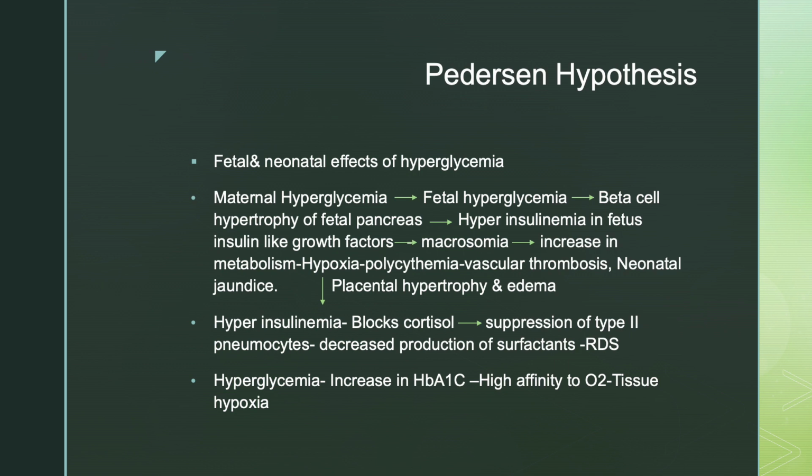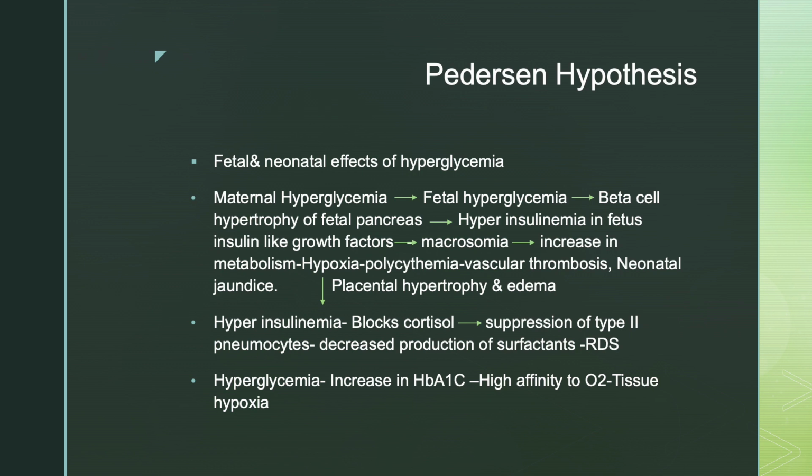If the placenta fails to supply oxygen in keeping with the increase in metabolism, the baby may suffer from hypoxia. The fetus tries to compensate by increasing the production of RBCs, resulting in polycythemia. This polycythemia will also result in vascular thrombosis in the fetus as well as in the neonate, and in the neonatal period, it may result in jaundice also.